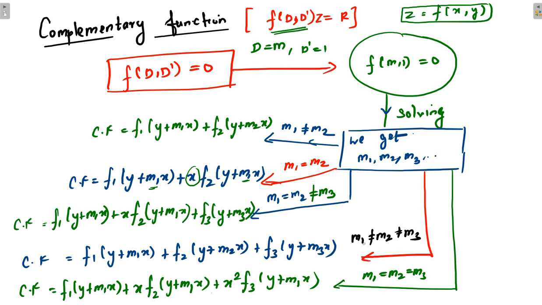Here I have taken m1, m2, m3 all different, so in this case I have applied this formula: CF equal to f1 plus f2 plus f3. Suppose all three roots are the same, m1, m2, m3, then you can apply the last formula. Like that, I am going to apply these formulas to find the complementary function.